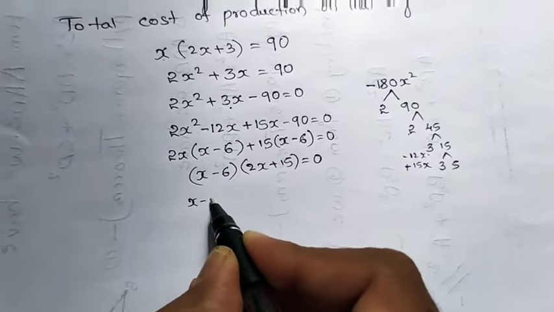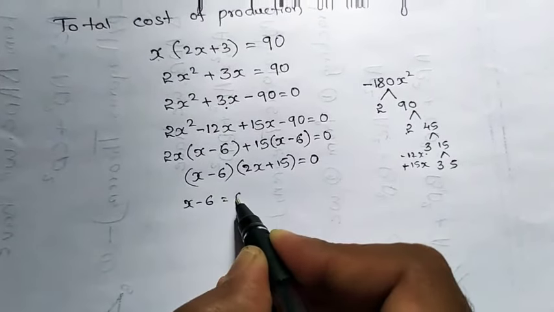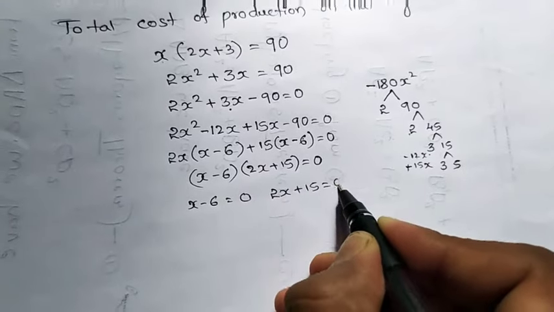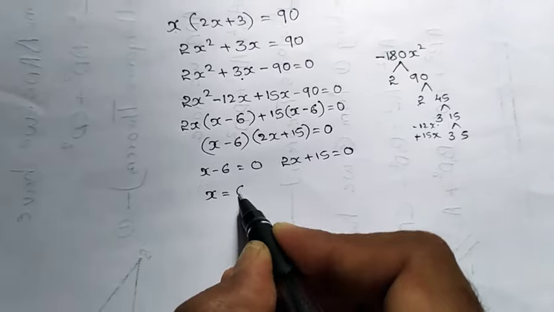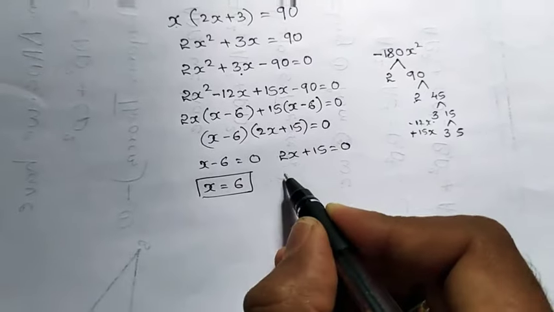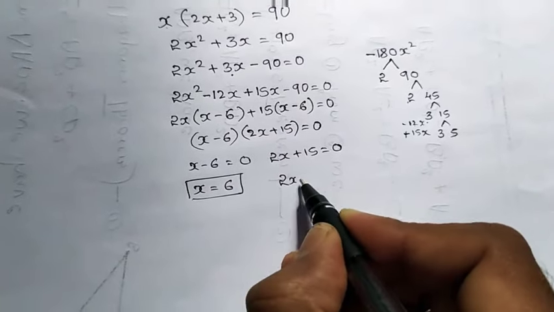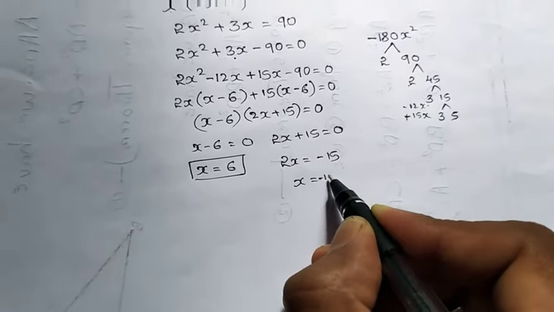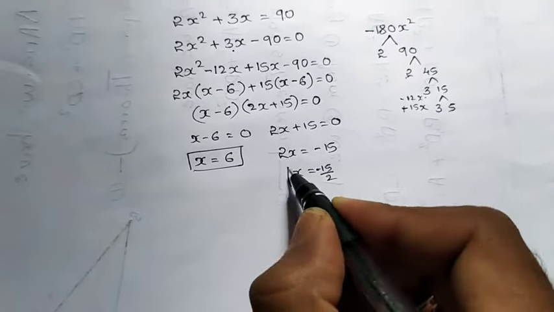So separately write it: x minus 6 equal to 0, 2x plus 15 equal to 0. So x equal to 6, and here 2x equal to minus 15, x equal to minus 15 by 2.